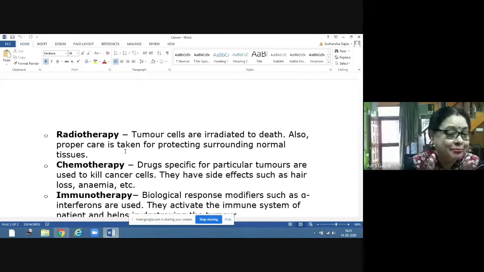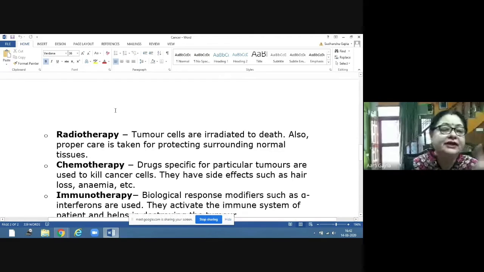But very proper care should be taken to protect the normal tissues, because these tumors are surrounded by normal tissues also. So the normal tissues should be protected and only the tumor cells should be irradiated to death.